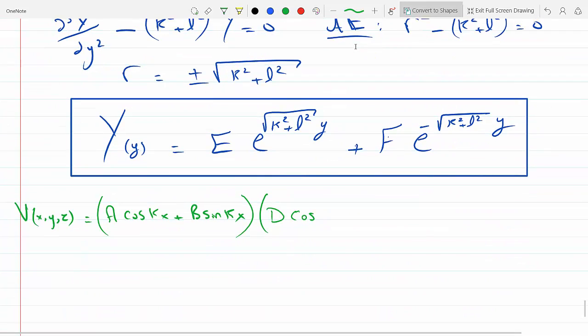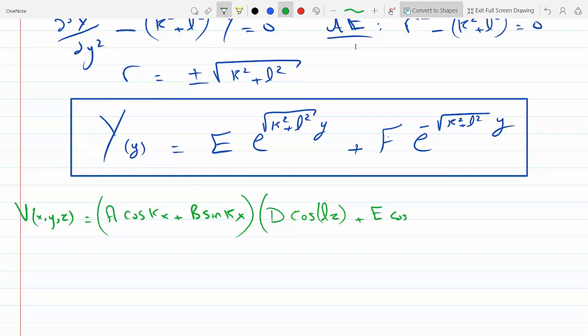Yeah, cosine lz plus e sine lz, and then the last term is e to the square root of k squared plus l squared y plus f e to the minus square root of k squared plus l squared y. Okay, good. So now let's start with the boundary conditions one by one.